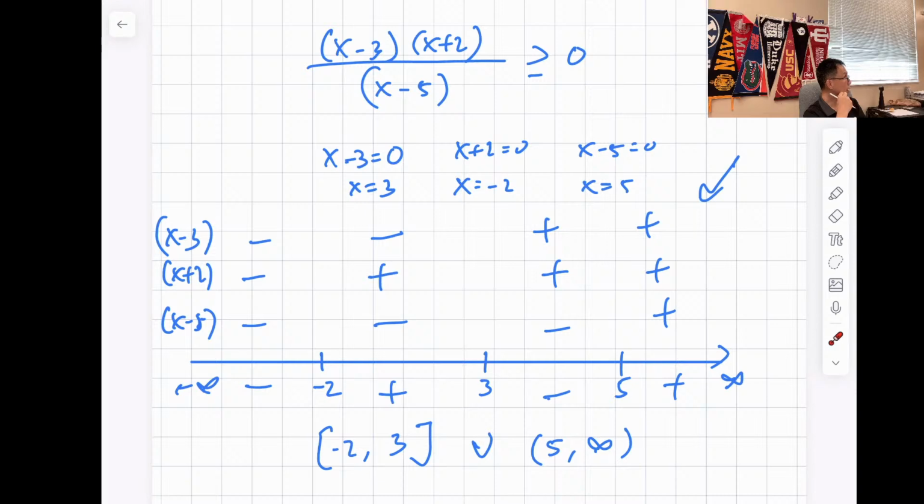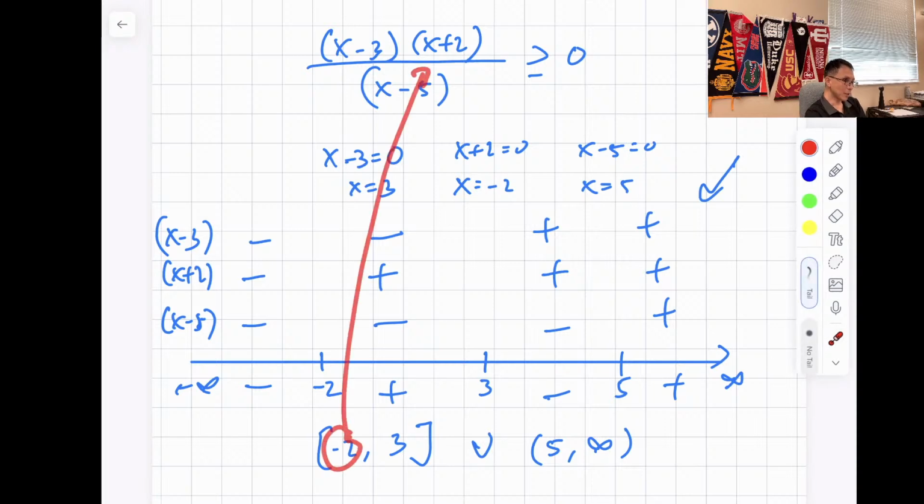Can you explain the answer again and how you get it in bracket and how to get it in parentheses? Okay, so the reason why it's bracket, right? I can technically plug in -2 into this function because -2 plus 2 is going to be 0. The nice thing about 0 is anything multiplied by 0 is going to be 0. So is 0 greater than or equal to 0?